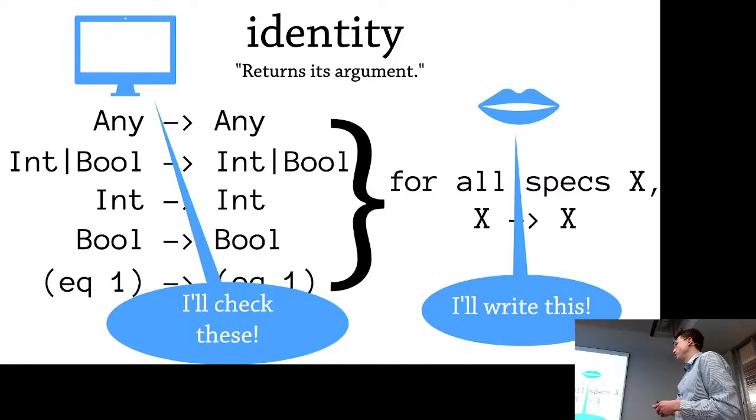So we can write a spec that is more precise, easier to convey, easier to read in some ways, and allows the computer to check things much more accurately.